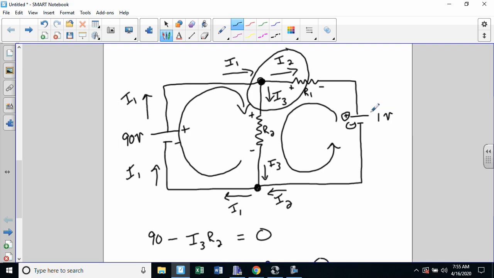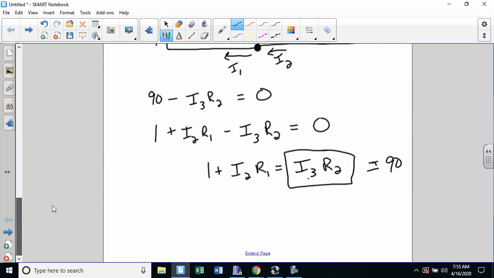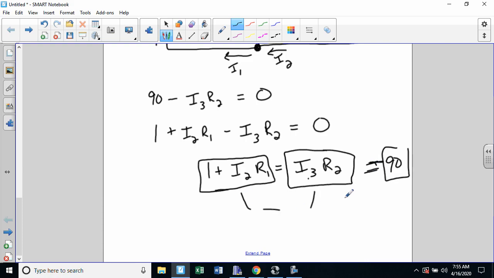What also should make sense is that R1 and the 1-volt battery are in series, but notice, because of this junction, that they are also in parallel with the battery. So they should also have a total voltage of 90. And that's what we're seeing right here: the voltage of the 1-volt battery and the R1 resistor together is equal to the voltage of the battery, which is 90, because again, these are all in parallel.